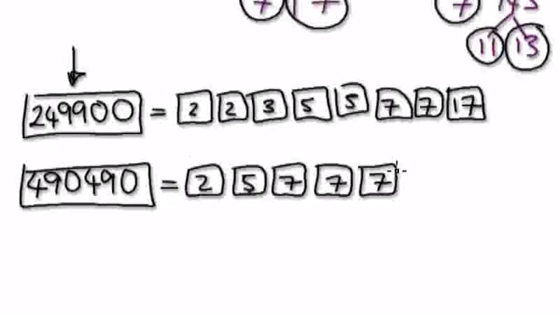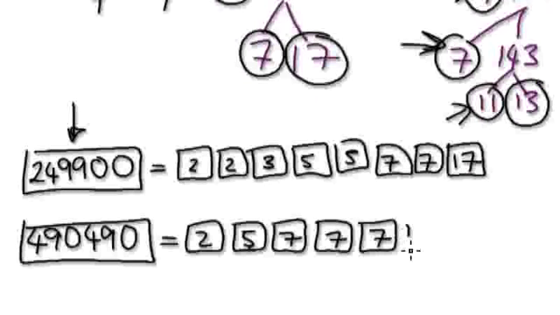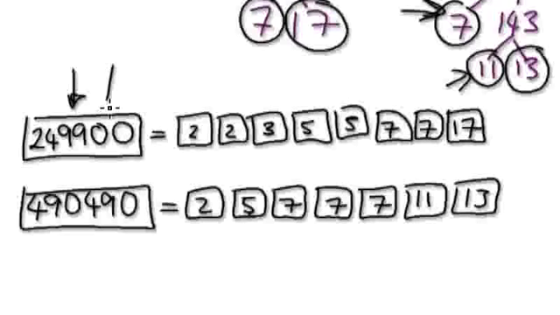I think there were three 7s. So it was 2, 5, 7, 7, 7, and then 11 and 13. So the first step is done. We've broken up this number as a product of primes.